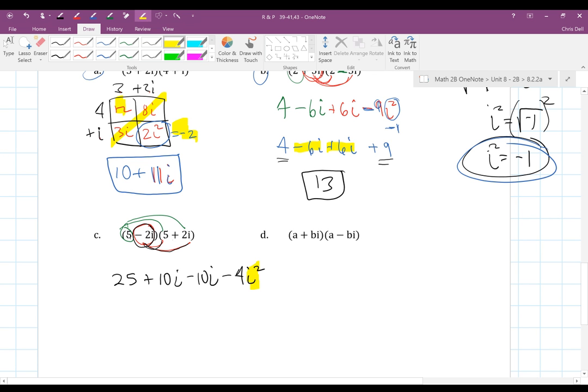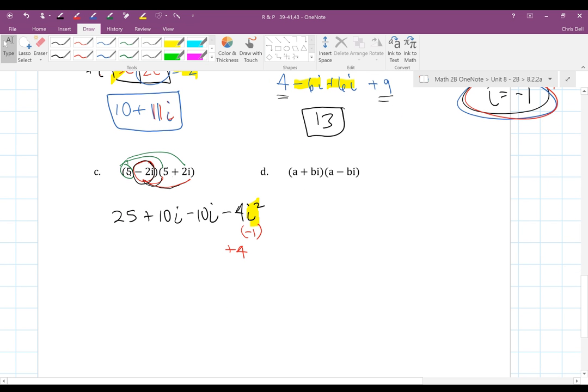And again, we know i squared is -1, so now -1 times -4 becomes a +4. If I look at combining like terms, I have a 25 and a +4, so that's 29. And notice again, +10, -10, 0 out. So my final answer is just 29.